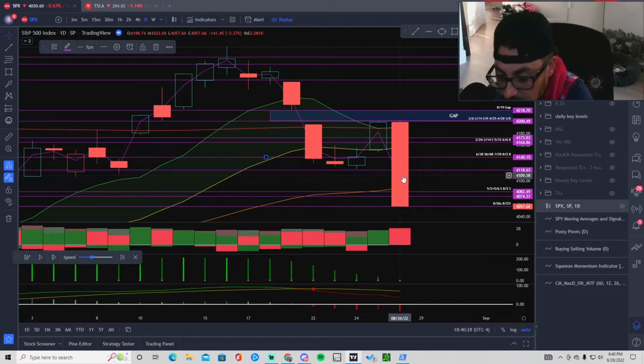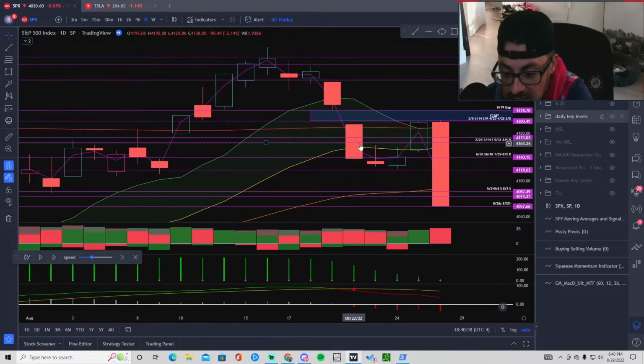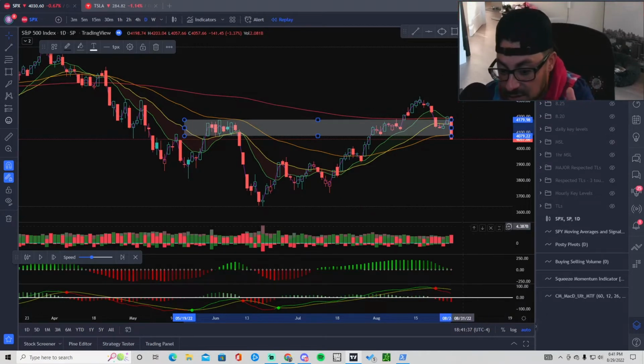All right, and so you'll see down here, I marked this because 826 Friday, that's where it ended, and got support right there. So this is your big level of consolidation. But what happened was on Friday it confirmed below that, not only with rising volume, it went completely through the 9, the 21, and the 50 EMA.